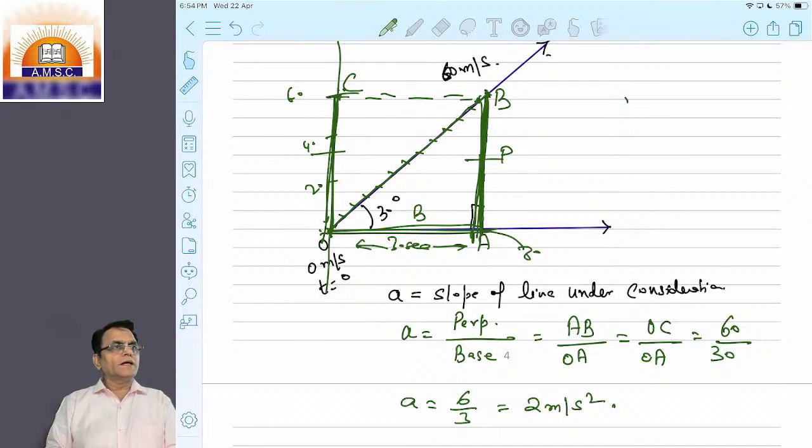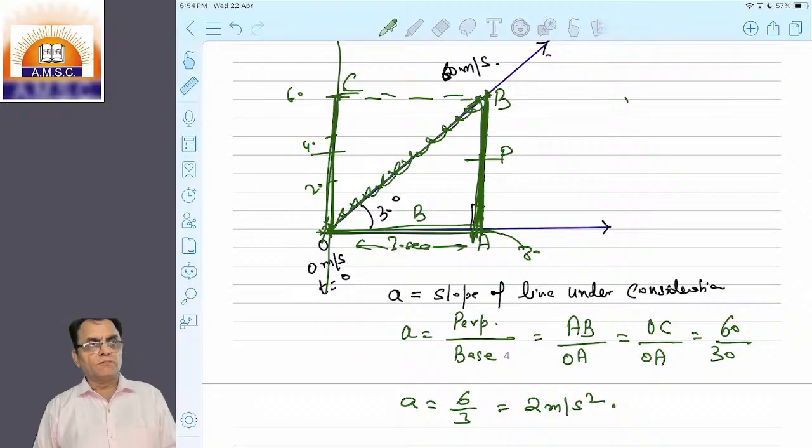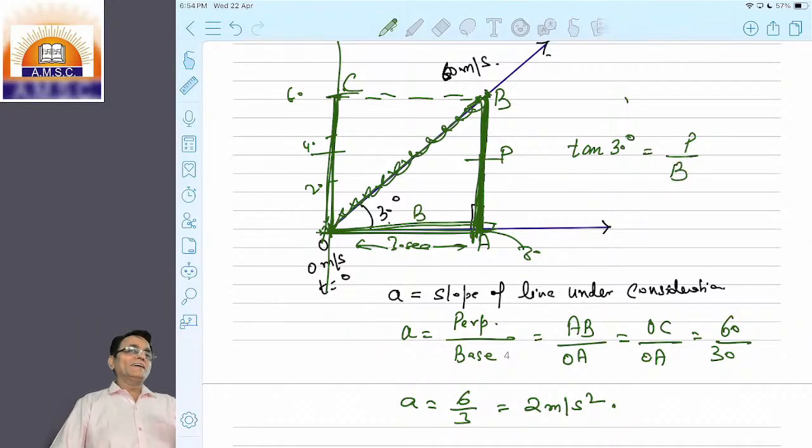Then I will find out the acceleration by using the concept of slope of this line, the slope of this line is the ratio of perpendicular upon base, right? And बेटा स्लोप को हम एंगल से भी रिप्रेजेंट करते हैं. अगर एंगल 30 डिग्री है, तो tan 30 डिग्री is written as P by B. तो मैंने एंगल को क्या आगे क्या लिखा हुआ है?